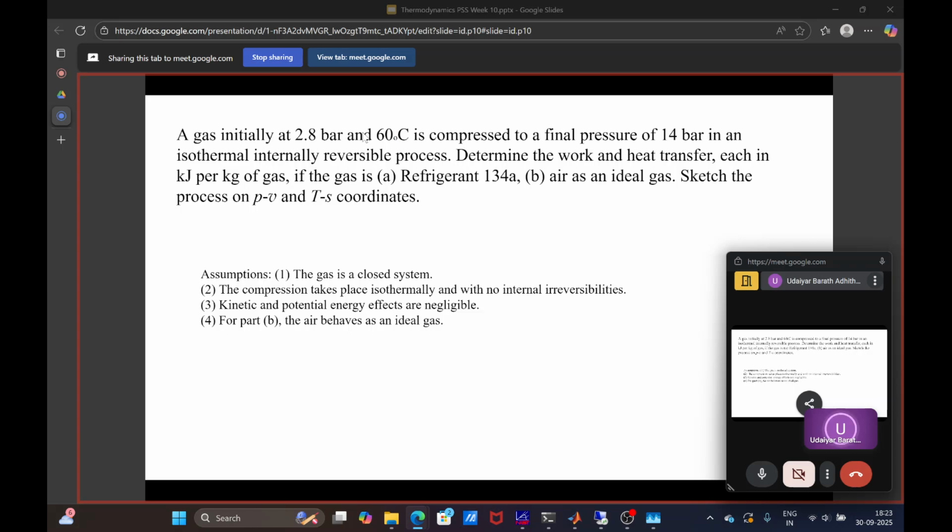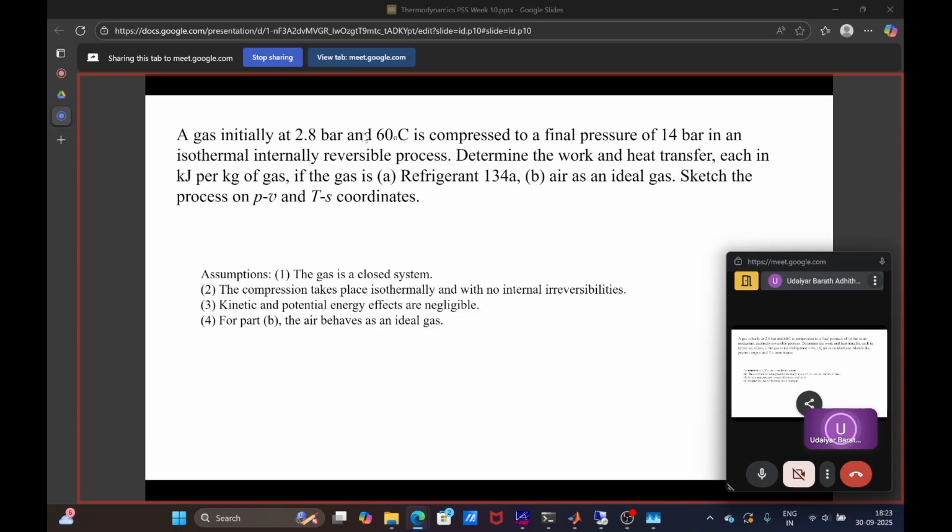What is given is a gas initially at 2.8 bar and 60 degrees Celsius, being compressed to 14 bar in an isothermal, internally reversible process. Your temperature remains constant, so finally you reach 14 bar and 60 degrees Celsius.